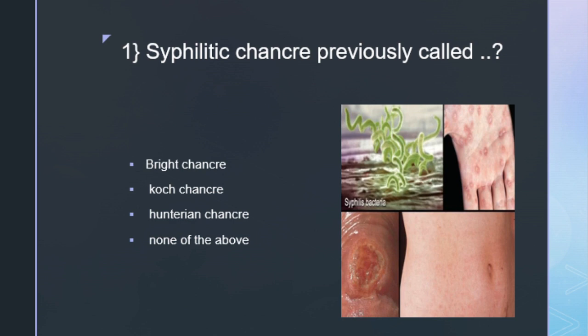As given in the textbook of surgery, the disease is divided into 4 stages, that is primary, secondary, tertiary and latent. In primary syphilis, the chancre is called Hunterian chancre. So the correct answer for the first is Hunterian chancre.